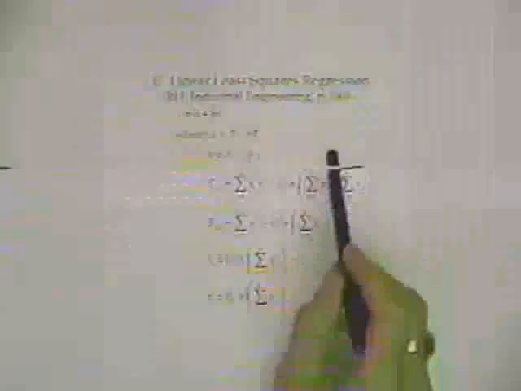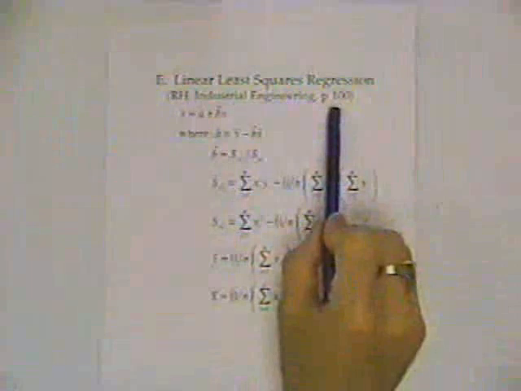It would supposedly then not be something found in the afternoon session except for those people taking the industrial engineering exam, but it is reported to have showed up, so I just want to alert you to the fact that if you see a problem dealing with linear regression and you just don't happen to remember all those formulas, they're in the book, but they are found in the section on industrial engineering, and it's found on page 100.